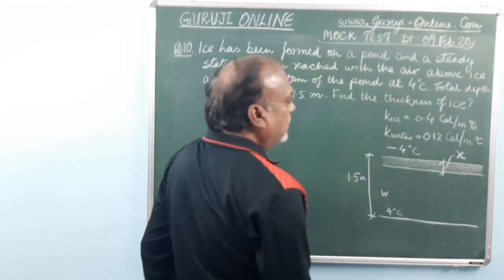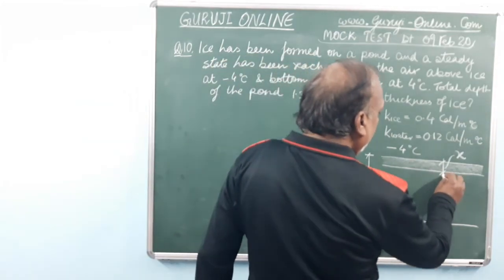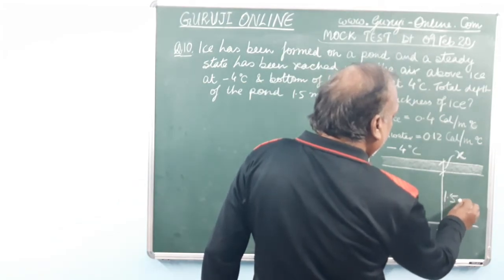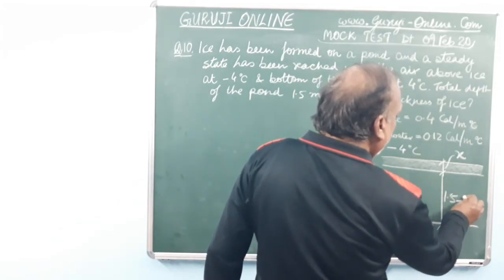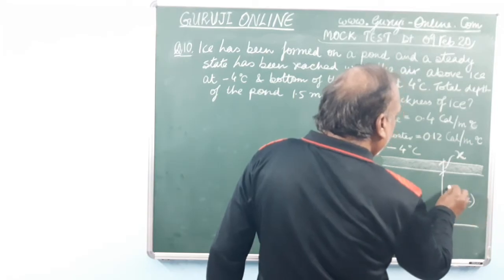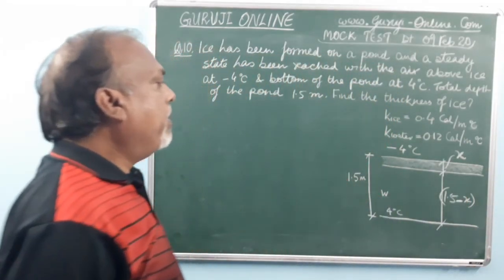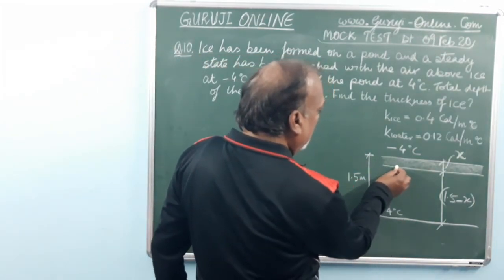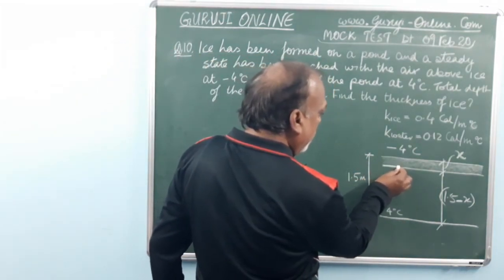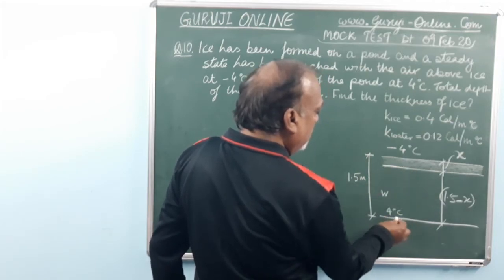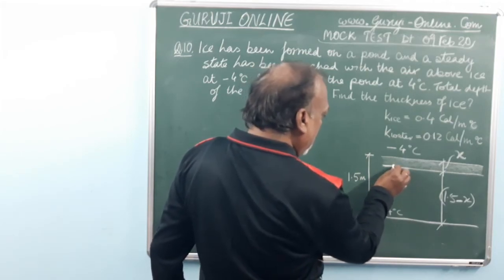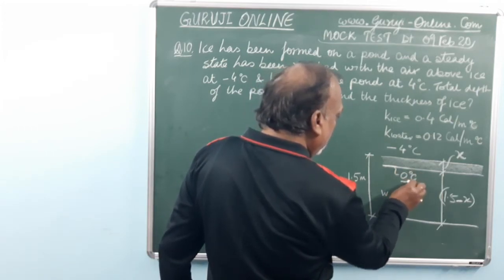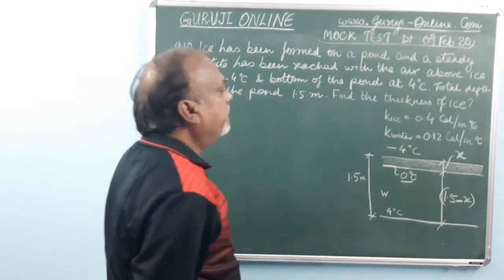Suppose it is X, then naturally this will be 1.5 minus X. Now this is the meeting point of ice and water, so naturally this interface will be at 0 degree centigrade.